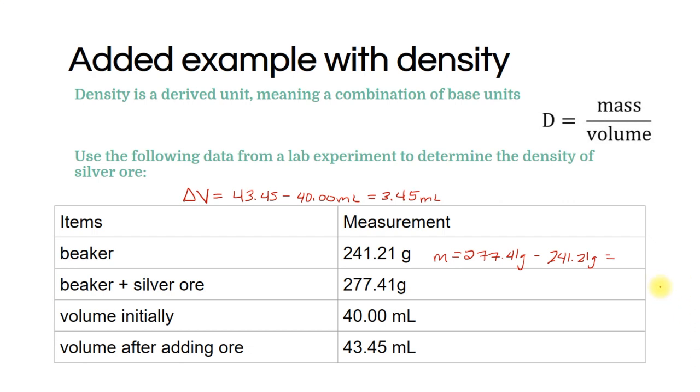So 36.2 is what my calculator says. That's going to be grams. Now, when I'm subtracting, I have to pay attention to place values. So there's a tens and a hundreds place. My calculator says the answer is just a tens place, but I know that I have to maintain the right significant figures here. So I have to put a 0. So now we have the mass and the volume. So in order to get density, we just divide them.